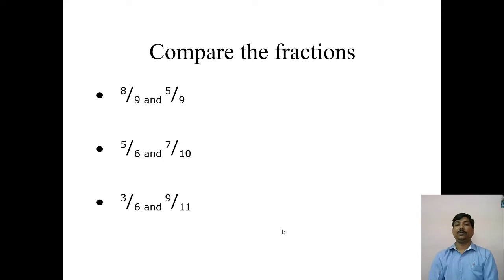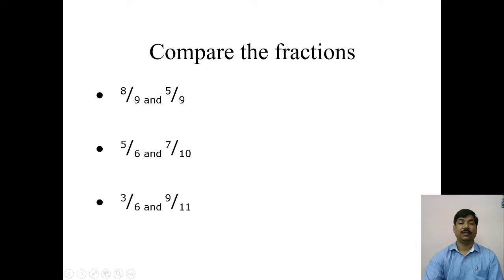Now do the practice, compare the fractions. Here some fractions are given, you have to compare them. 8 upon 9, 5 upon 9. First we see whether these fractions are like or unlike. So we are seeing here that these two fractions are like fractions.